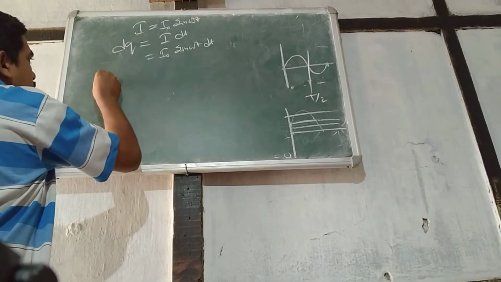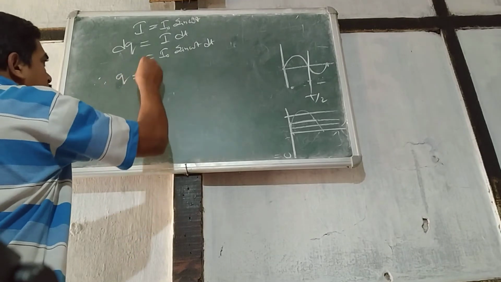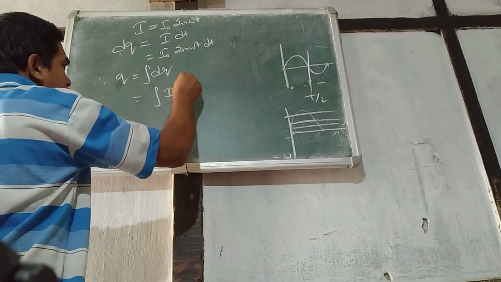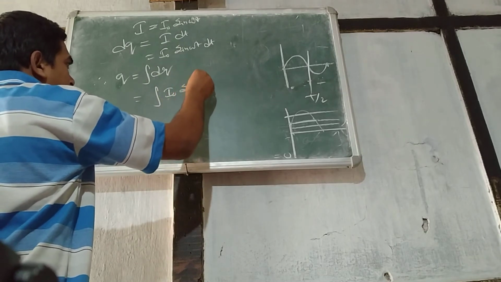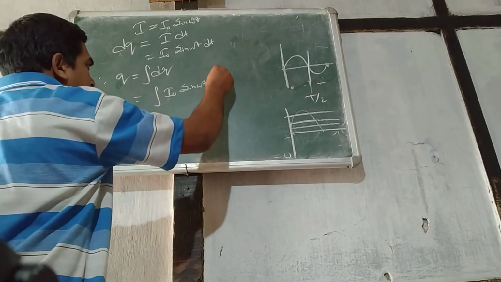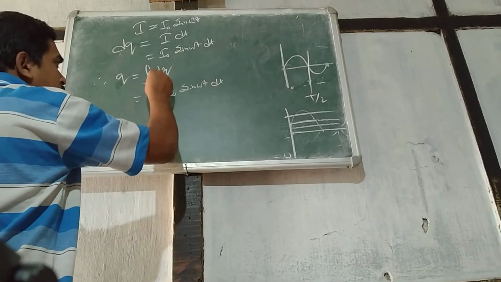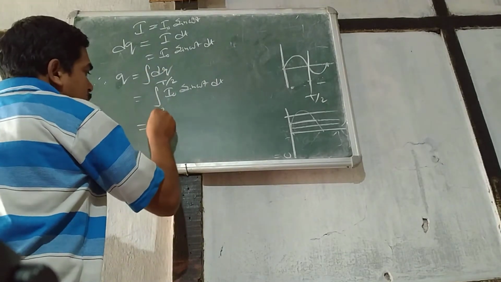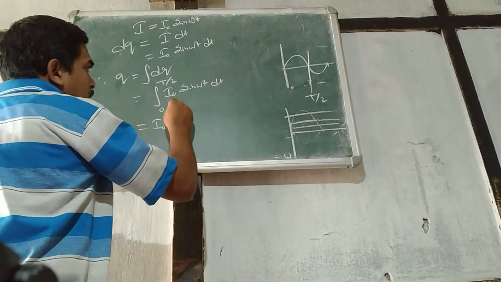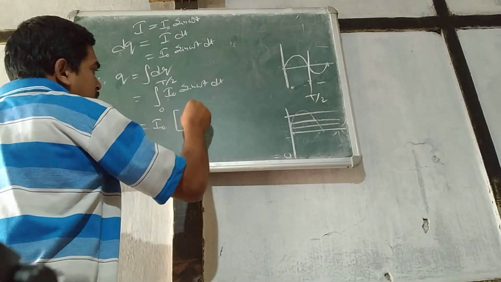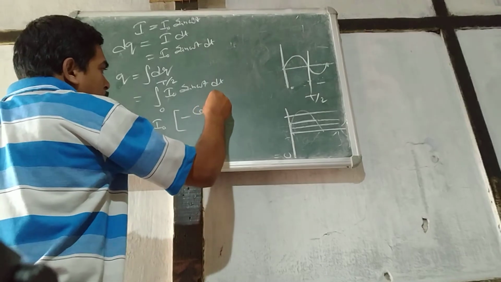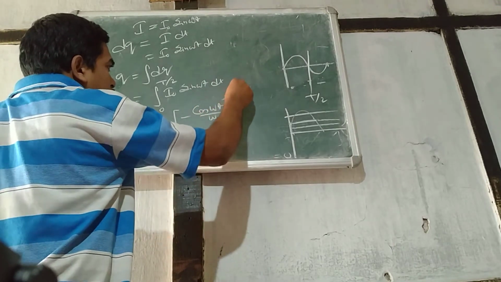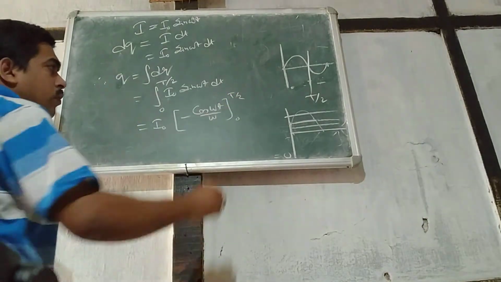Therefore total charge q equals integral of I naught sin omega t dt. Limit of time is 0 to T by 2. I naught is constant. Integral of sin omega t is minus cos omega t by omega, from 0 to T by 2.